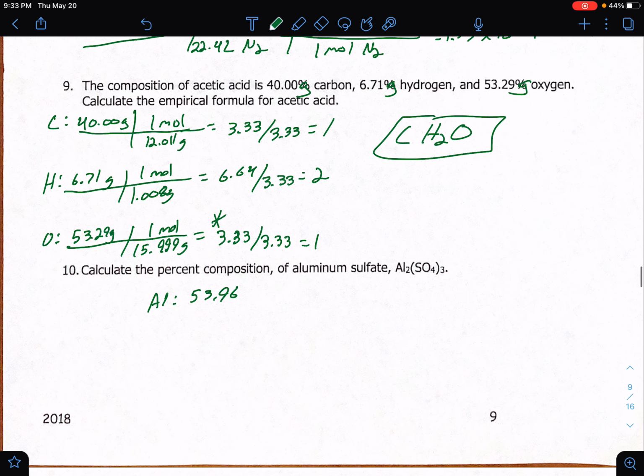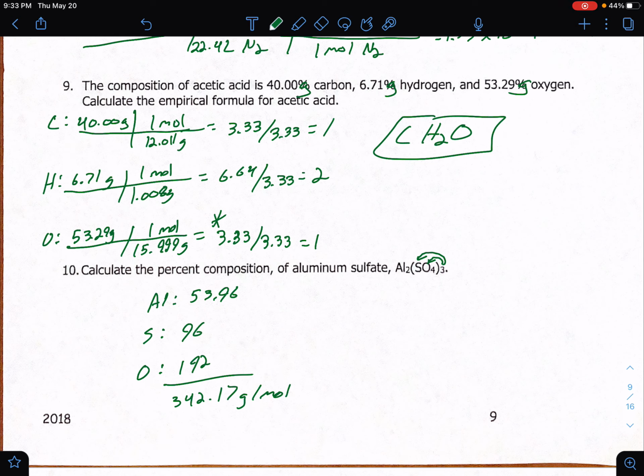If I were to add up, so this is where you've got to be careful, you have 3 sulfurs and 12 oxygens. If I were to add up 3 sulfurs, you would get about 96 grams. I'm just kind of rounding on this one just to be quicker. Oxygen, I have 12 oxygens, so 15.999 times 12 gives me roughly 192. If I add all these up, I get a total mass of 342.17.